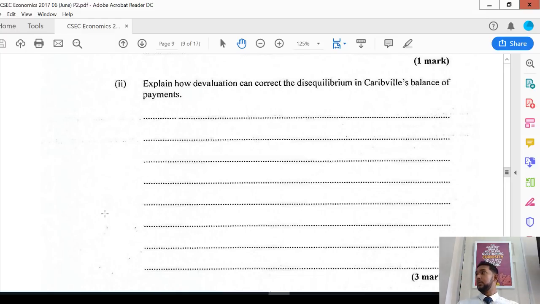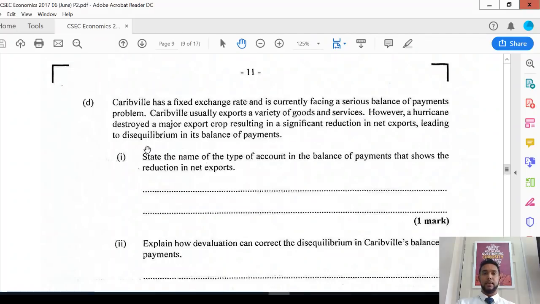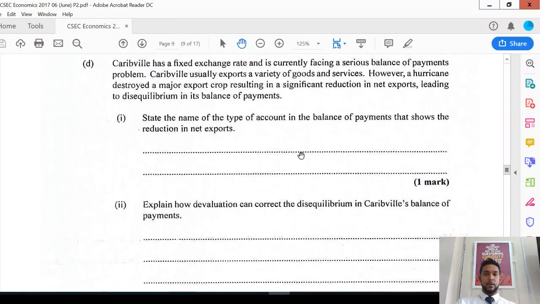In this case, it is a measure to reduce a deficit. A disequilibrium means your exports are not equal to your imports. The hurricane destroyed a major export crop, resulting in a significant reduction.